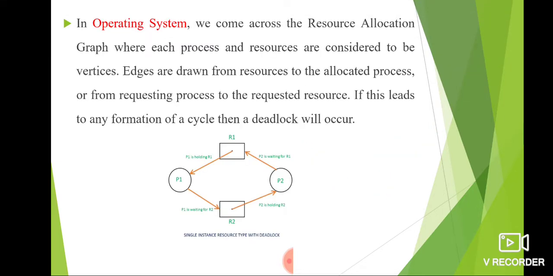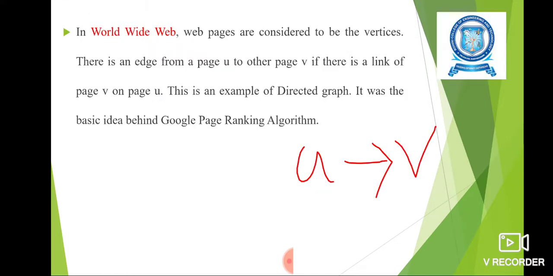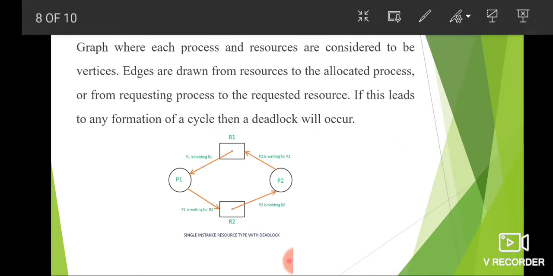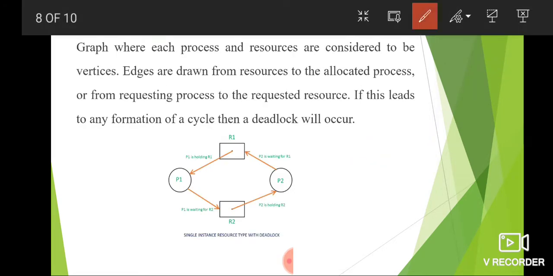One more application of graph is in the operating system. In the topics of deadlock detection and deadlock avoidance, we have the resource allocation graph. Using this resource allocation graph, you can easily find out whether there is a chance for deadlock or not.